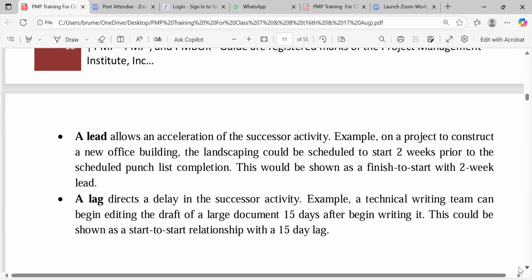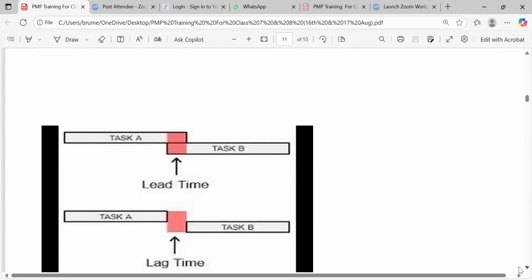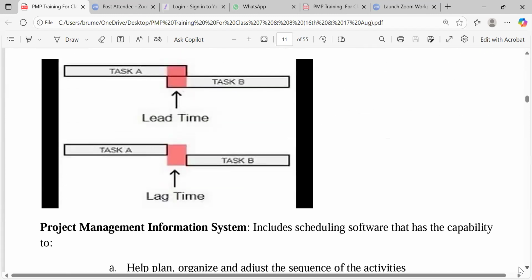Now, let's see this. Take a look at this diagram. Can you see this diagram? Yes, sir, I can see. You see that for the lead, task A and task B have a finish to start relationship, but with the time elapsing here, the time in red, you see it?